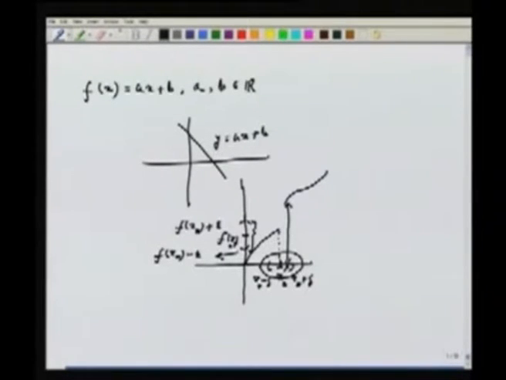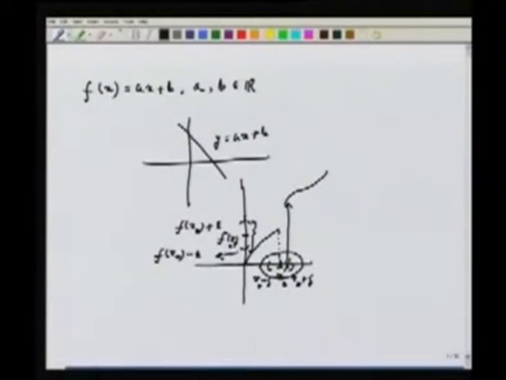So let us write down what we have got for this example of a function which is discontinuous according to our intuition.